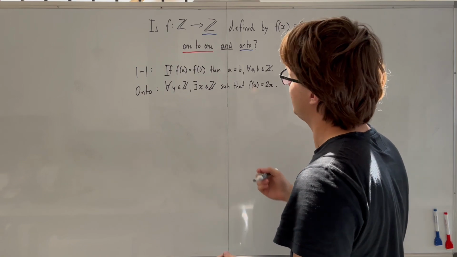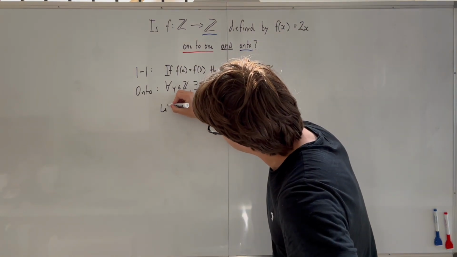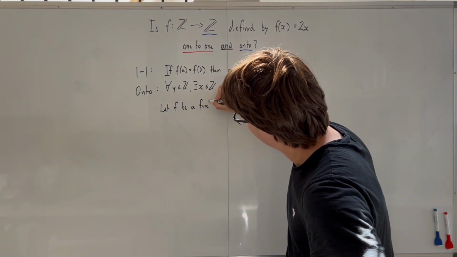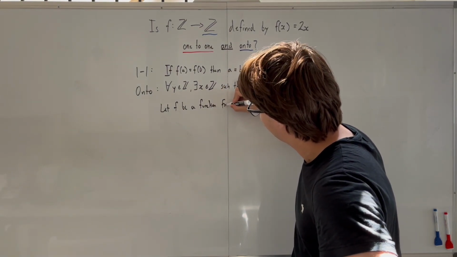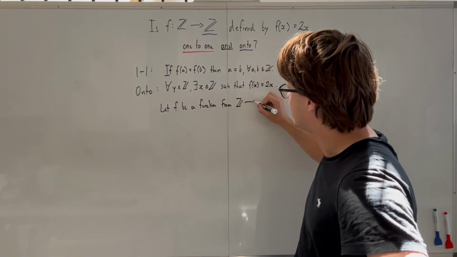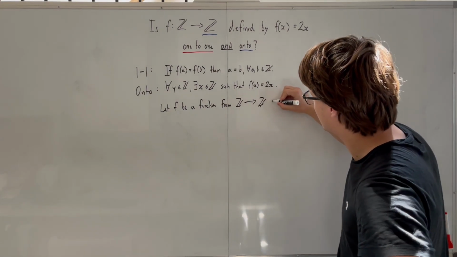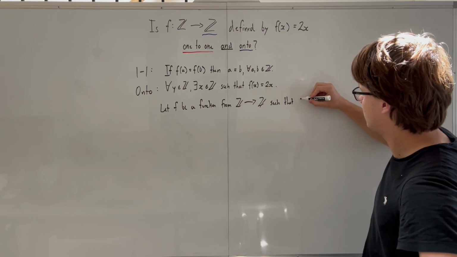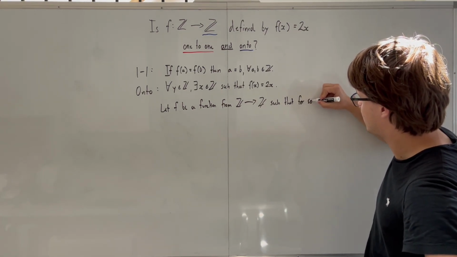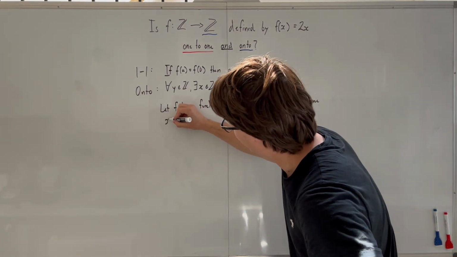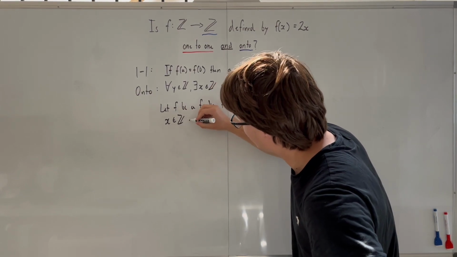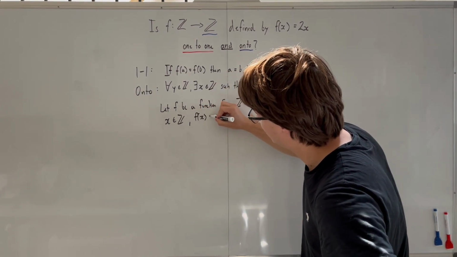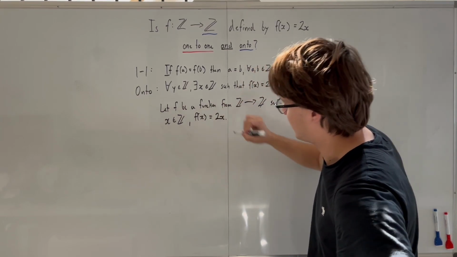So first thing we say is, let f be a function from the integers to the integers such that for some x in our domain, f of x is equal to 2 times x.